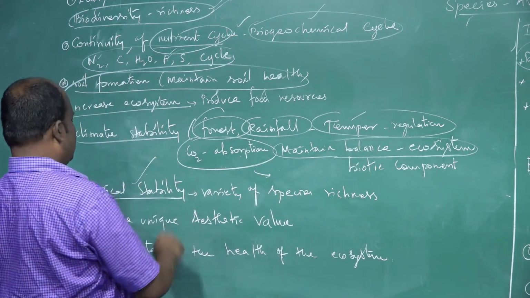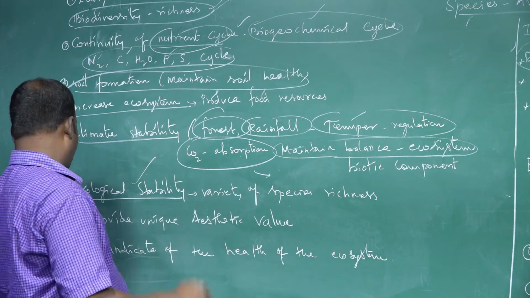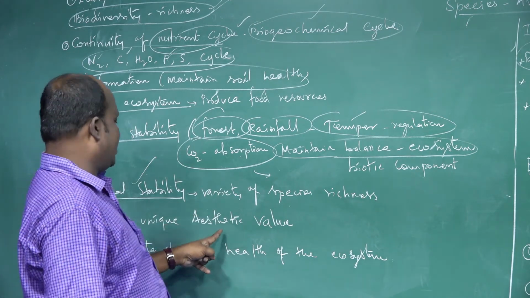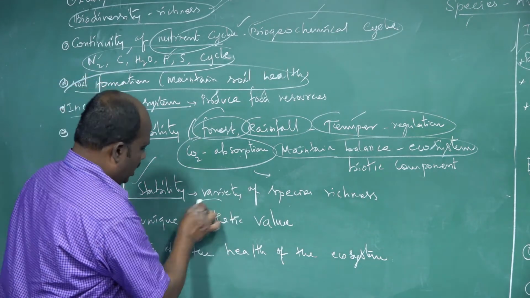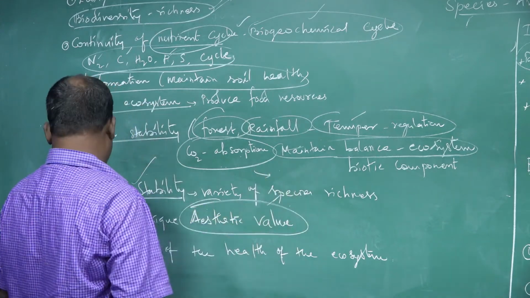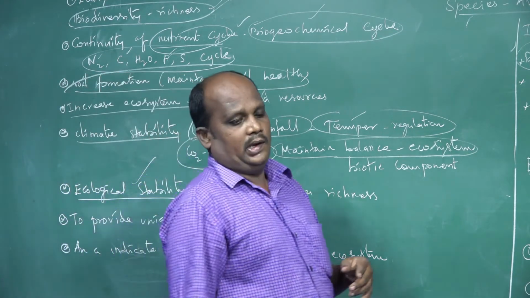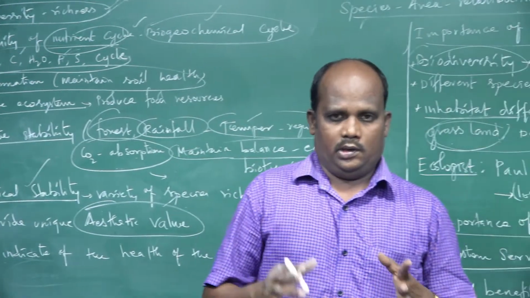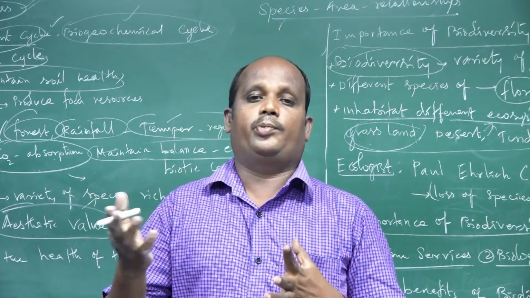Next one, ecological stability: varieties of species should be rich in organisms, and they should improve, to provide unique aesthetic and worldwide values. Next one, an indicator of the health of the ecosystem: the ecological balance should be given more importance and the process improved.